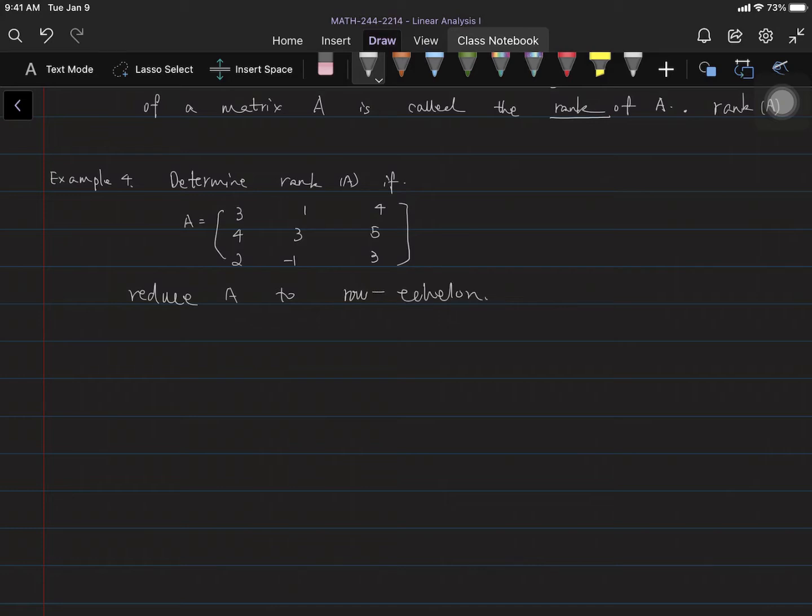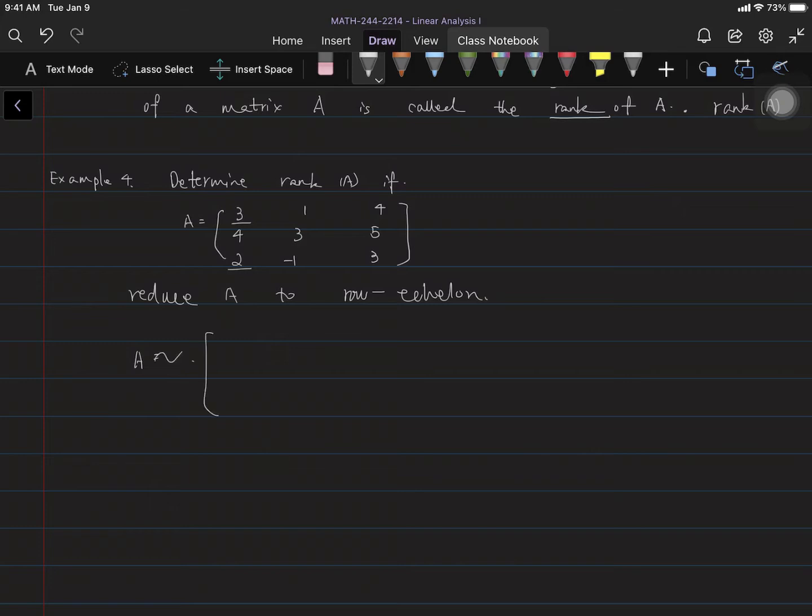Let's do a quick review of what we did in the last class. We just need to use row operations to make this into row echelon, right? Firstly, we need a leading one in the first row, and we noticed there is 3 and there's 2, so I want to use -2 added to 3 to make a 1 in the first row.